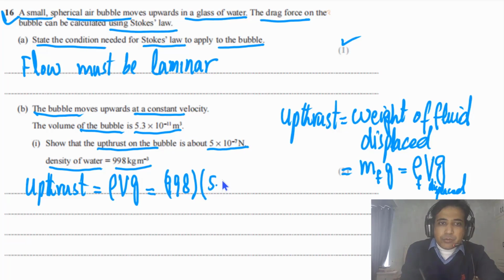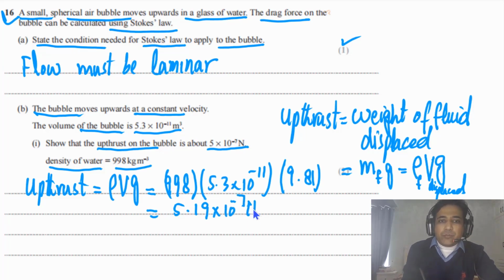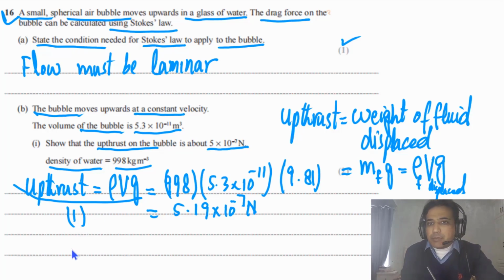So the volume is 5.3 times 10 to minus 11, and the value of g is 9.81 newtons per kg. If we solve this, we get 5.19 times 10 to minus 7. This is our final answer, and this is how you need to answer. This question has 2 marks. If you have written this formula first, you will get 1 mark, and you get the second mark if you have the right answer.